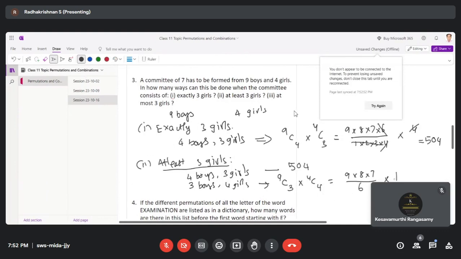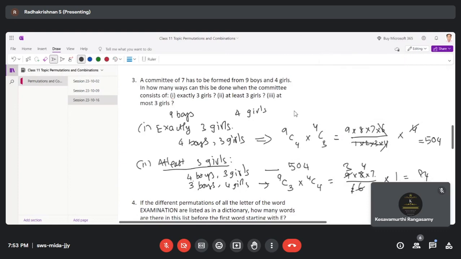From 4 girls, we have to select 4 girls, which means only one way we can do that. So 3 into 4 into 7, 12 into 7, 84, right? So here we have 4 boys and 3 girls in 504 ways, 3 boys and 4 girls in 84 ways.